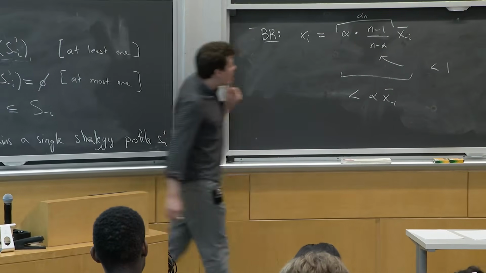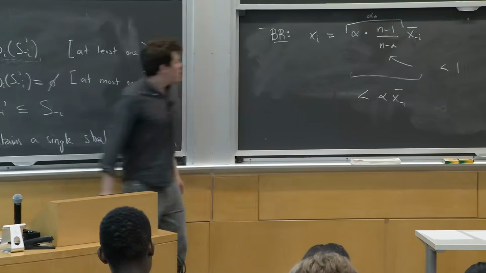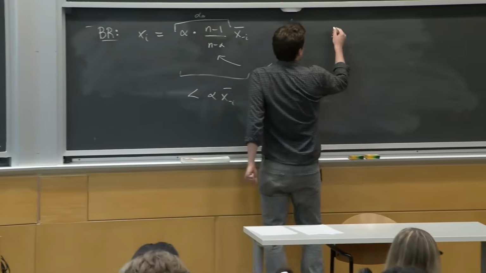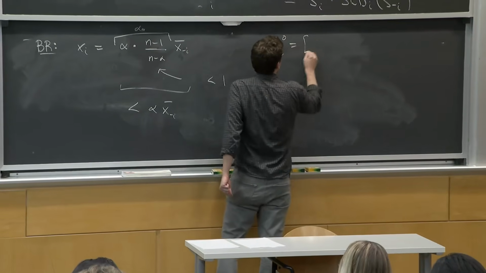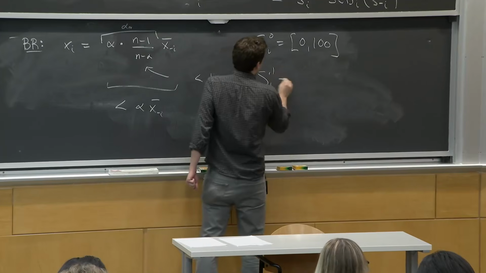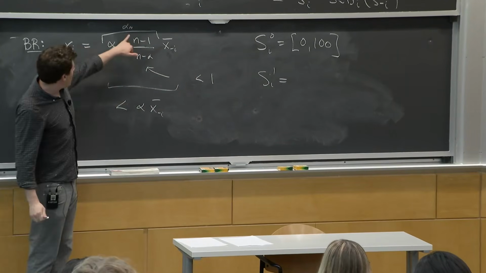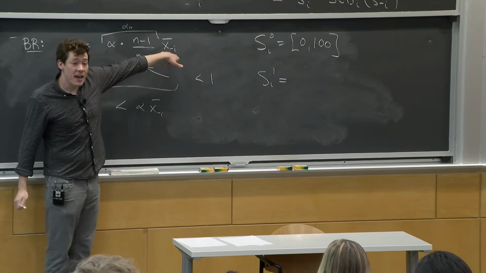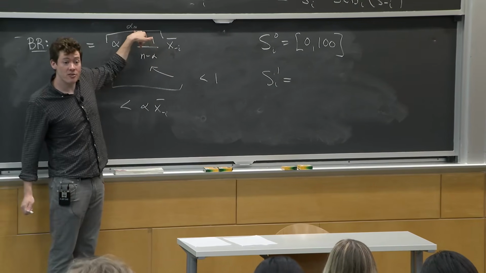But now let's try to go through our algorithm in this game. Running out of time, so let's just do it quickly. Si0 equals 0 to 100. Si1: well, the highest my opponents could guess would be if they all guessed 100, and in that case I'd want to guess alpha n times 100.